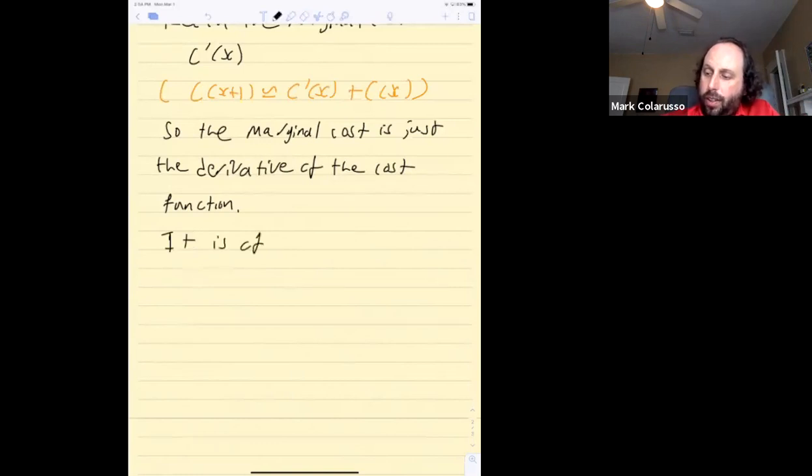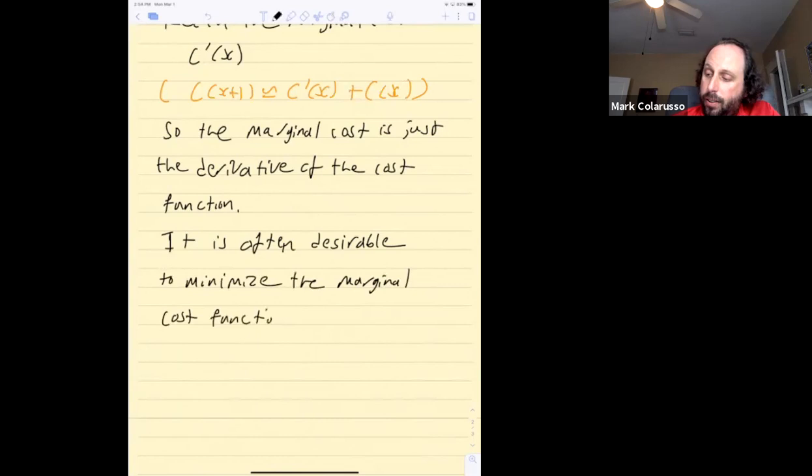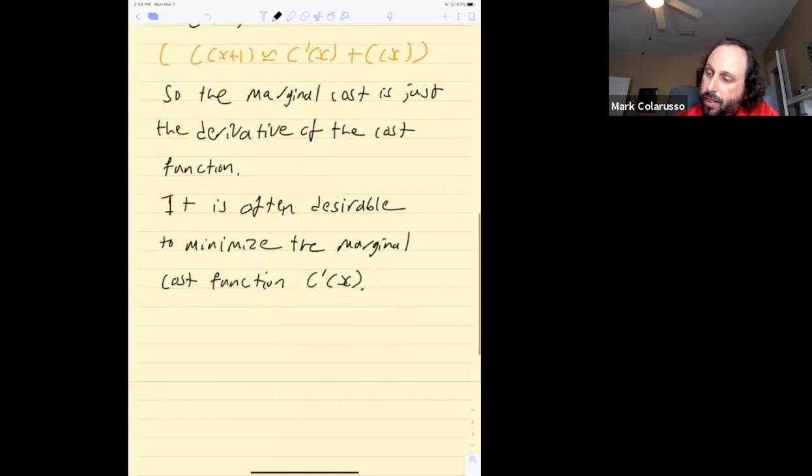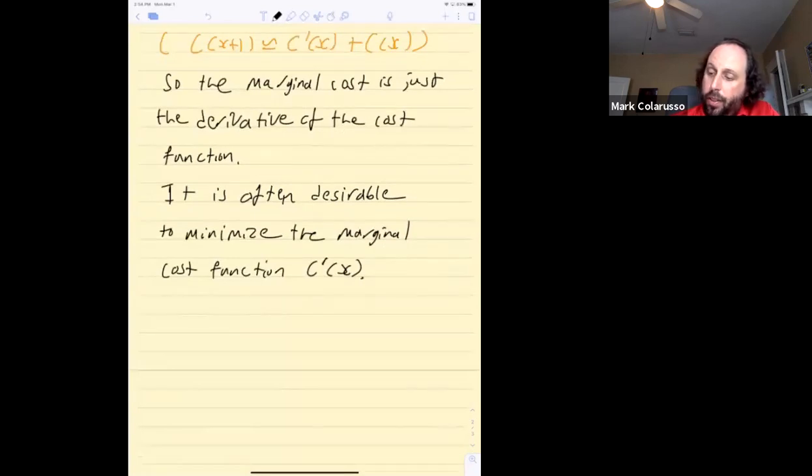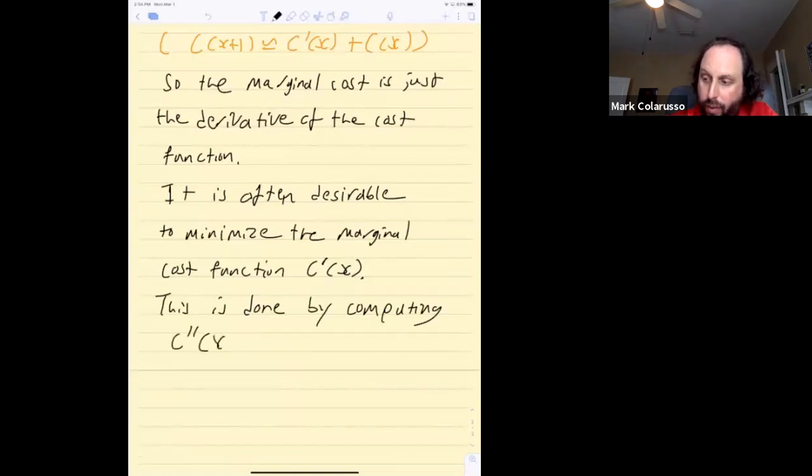It is often desirable to minimize the marginal cost function C prime of X, and this is done by computing the derivative of the marginal cost function, which is the second derivative of the cost function, right?